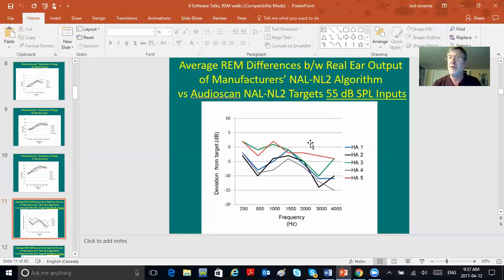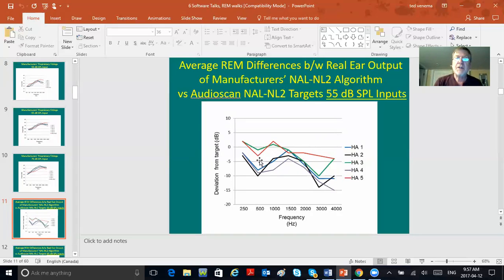The topic is, let's pick NAL2 in the manufacturer software and fit a hearing loss with Starkey's NAL2, Oticon's NAL2, Unitron's NAL2, and so on. Let's fit the same hearing loss with the same NAL2 method, and look at the differences in their predicted outputs, what they say is going to happen, versus what a real ear system implementation of NAL2 suggests.